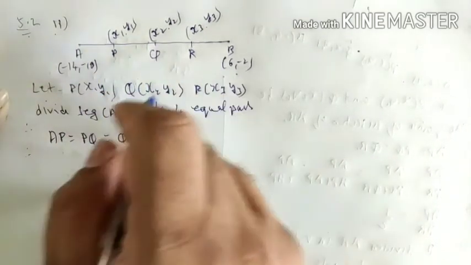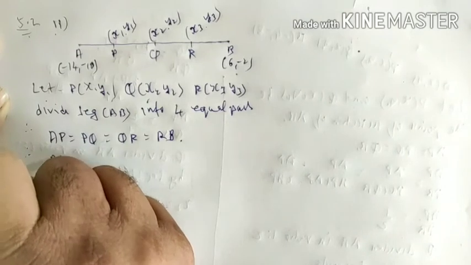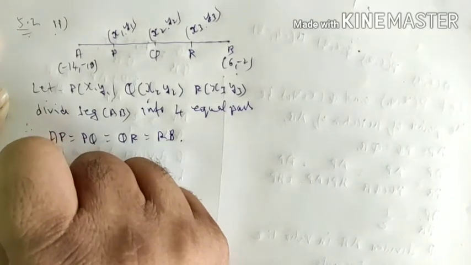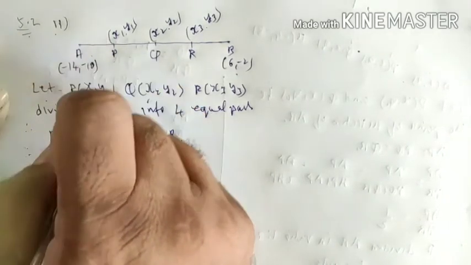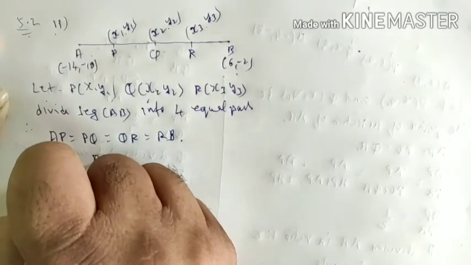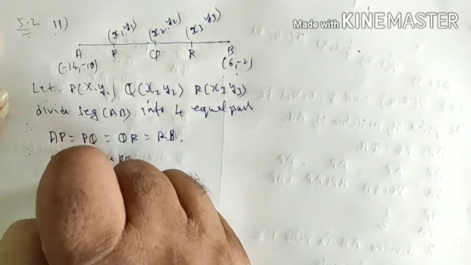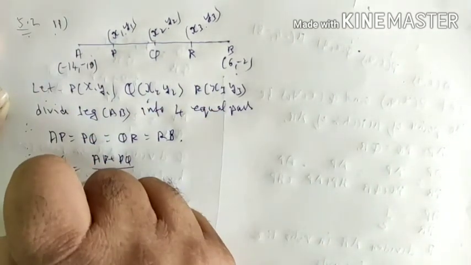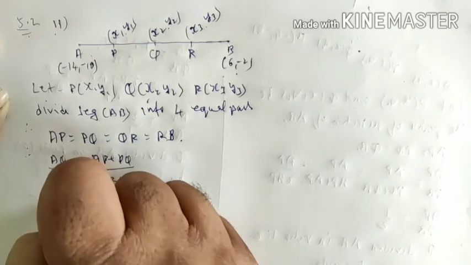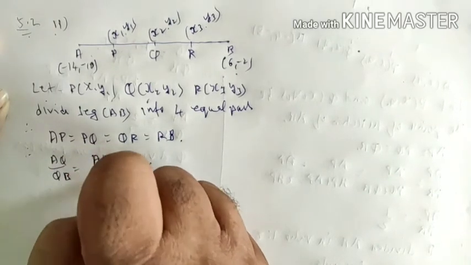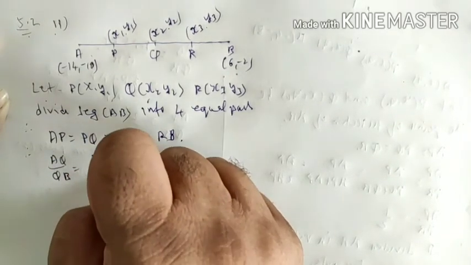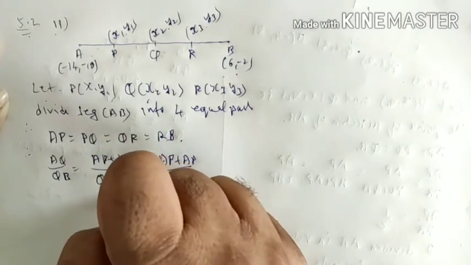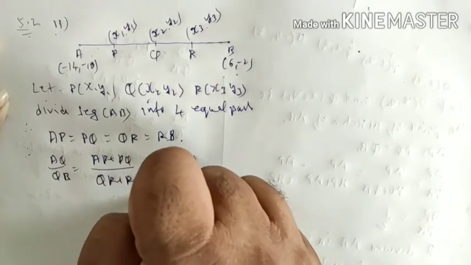Therefore, AQ upon QB, how much we get? AQ upon QB is equal to AQ can be written as AP plus PQ, and QB can be written as QR plus RB, which is equal to AP plus AP upon AP plus AP.